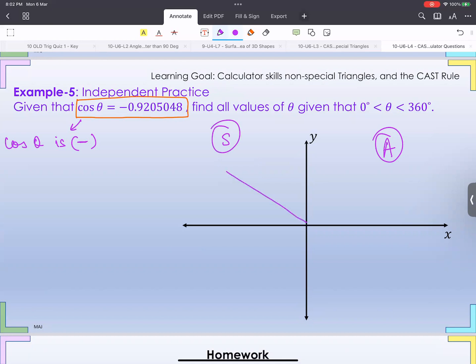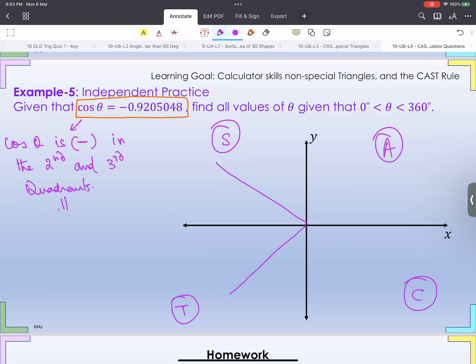So right off the bat, I'm going to put a terminal arm there. Cos is positive in the first quadrant. Cos is negative in the second and third quadrant. So that means you have the terminal arms in the second and the third quadrant. That's all it means.